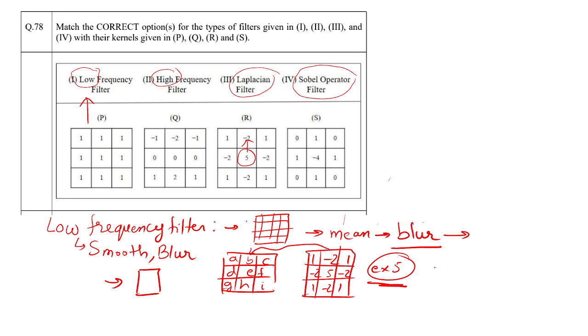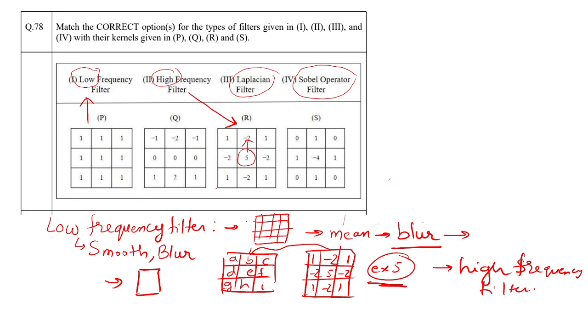So this is the high spatial type of filter, the high frequency filter. You don't need to go into this much now, we will see it in theory, but remember that wherever there is a large value change, that will be a high frequency filter.